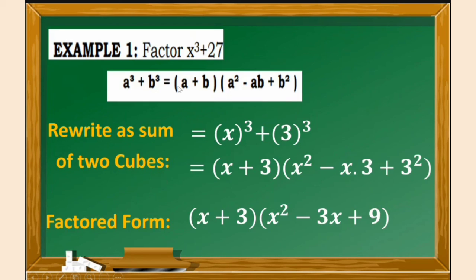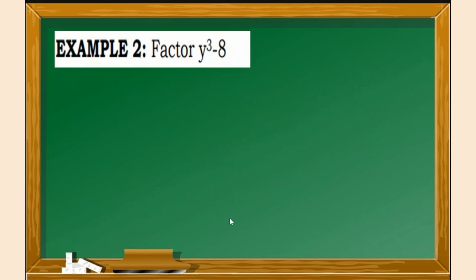As long as alam nyo to, hindi kayo maliligaw. As long as alam nyo yung mga paano maghanap ng perfect cube, mas madali lang po sa inyo mag-factor. Another example, okay, factor y cube minus 8. So this time, ang example po natin is difference naman po or minus. So ano po ba yung gagamitin natin?